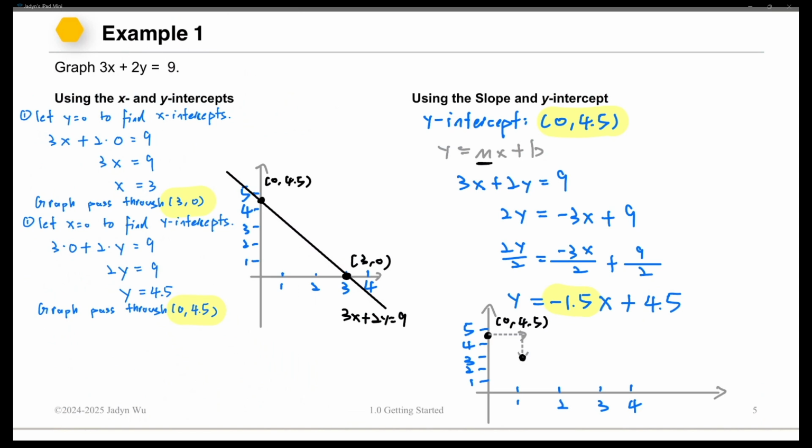And now we only need to connect the 2 points to find our graph. Ideally, it should pass through the point 3. So let's try to adjust the scales here, because we are graphing it by hand. So there will be some arrows here. Oopsie.